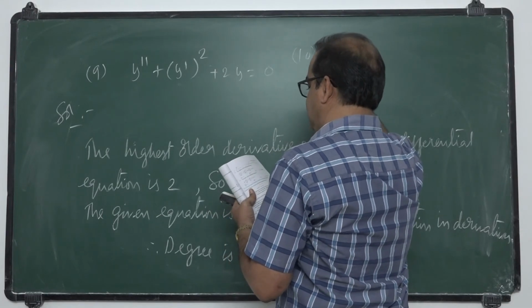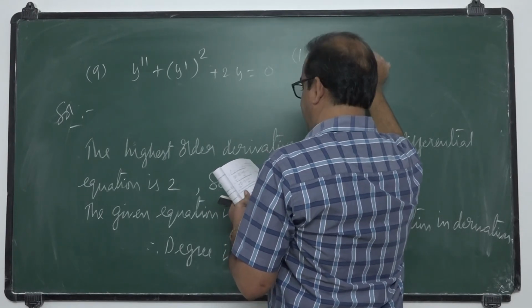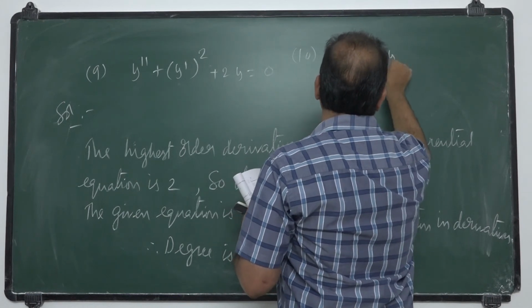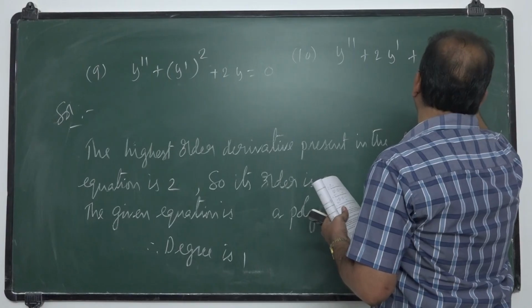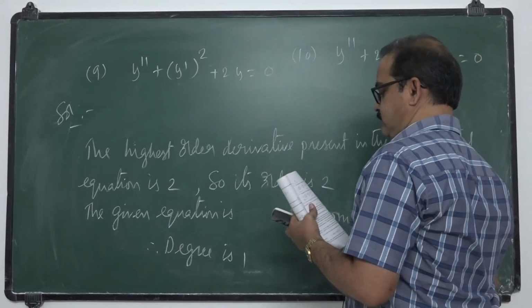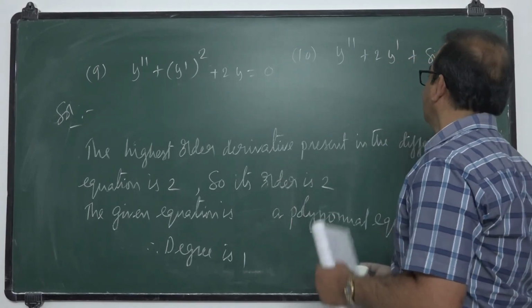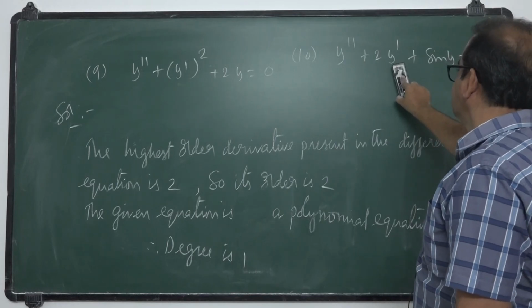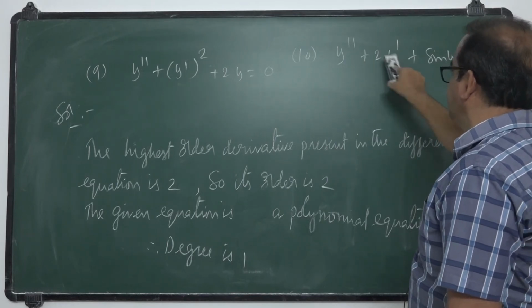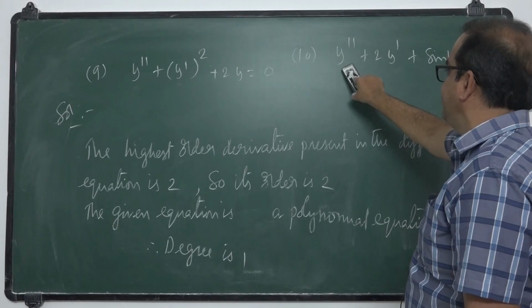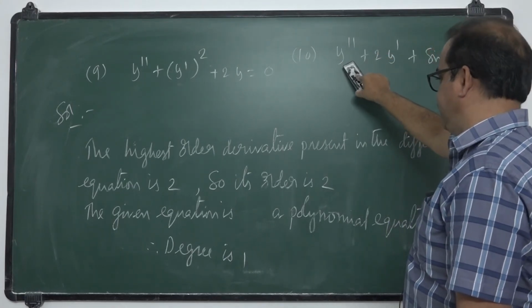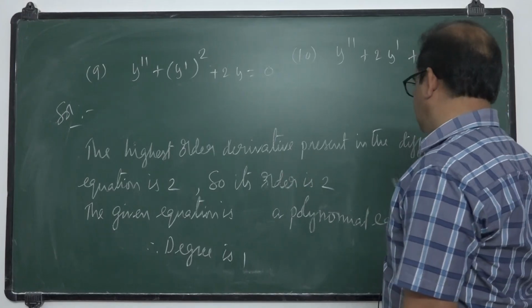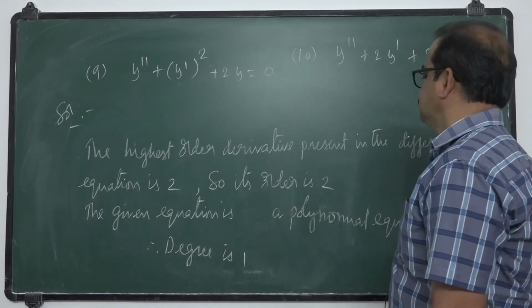Next, 10th, y double dash plus 2 into y dash plus sin y is equal to 0. Y dash is the first derivative of y, y double dash is the second derivative of y. What is the highest derivative? Second derivative. Here also the order is 2.